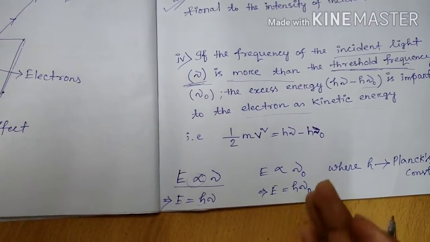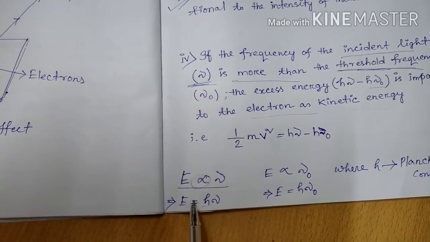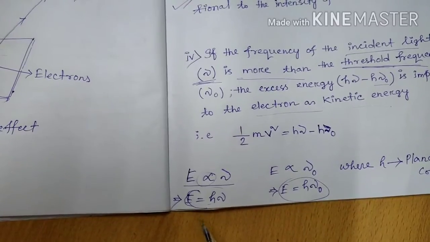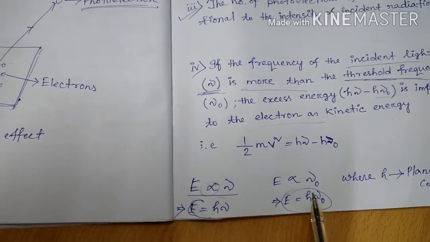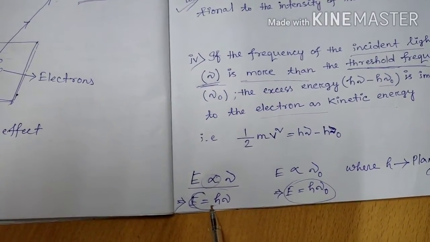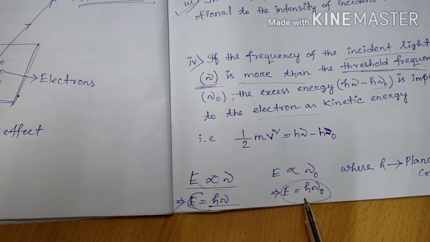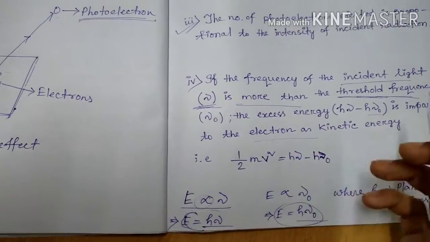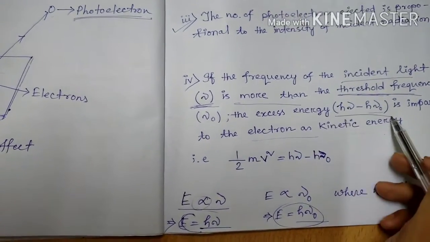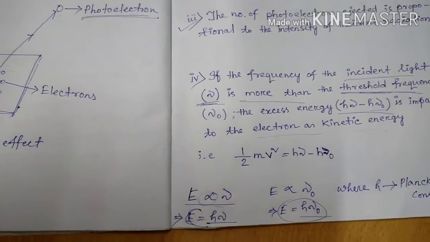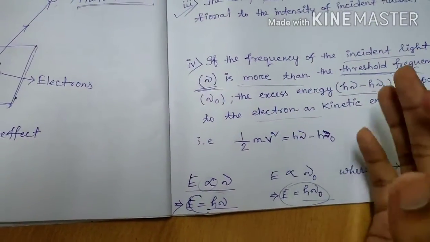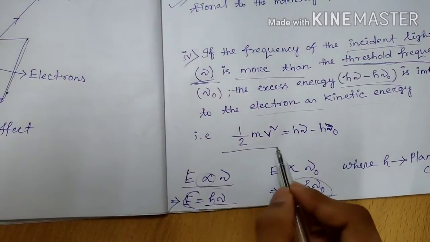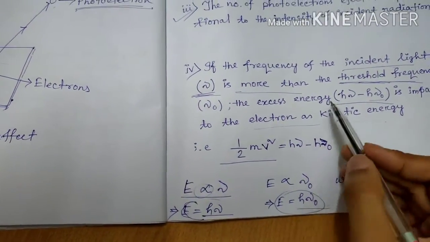If we subtract this energy from this energy, then we shall get the excess energy, means h nu minus h nu naught. So this excess energy will be imparted to the electron as kinetic energy, and we know the kinetic energy is half mv square. This one half mv square will be equal to this excess energy.